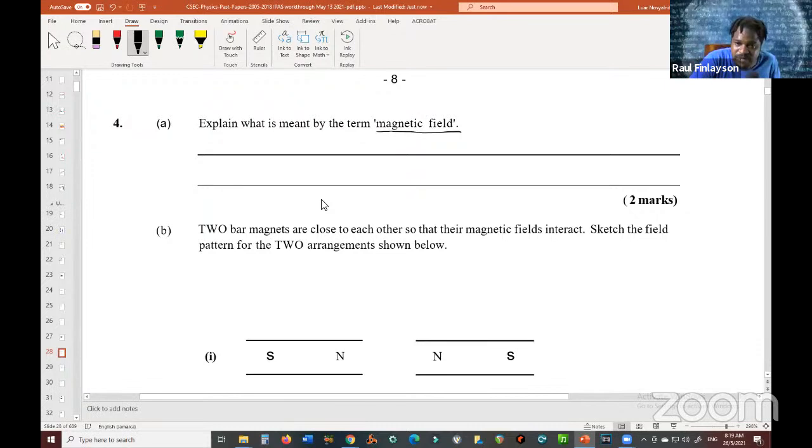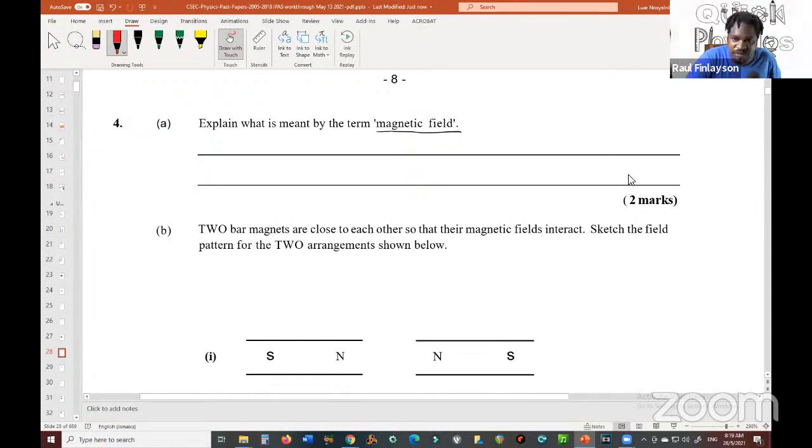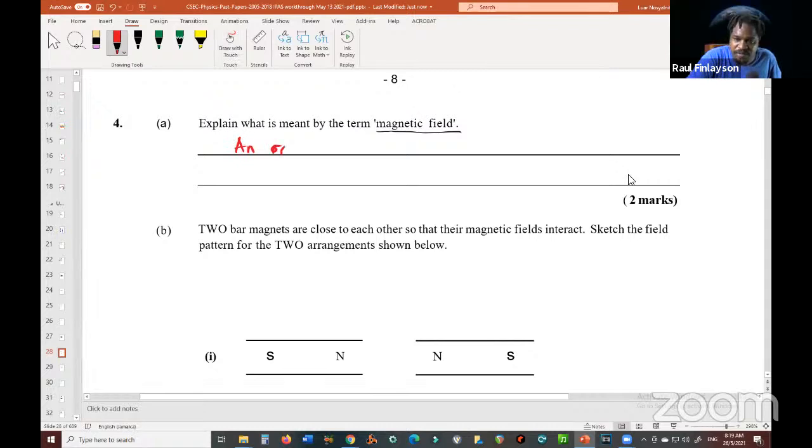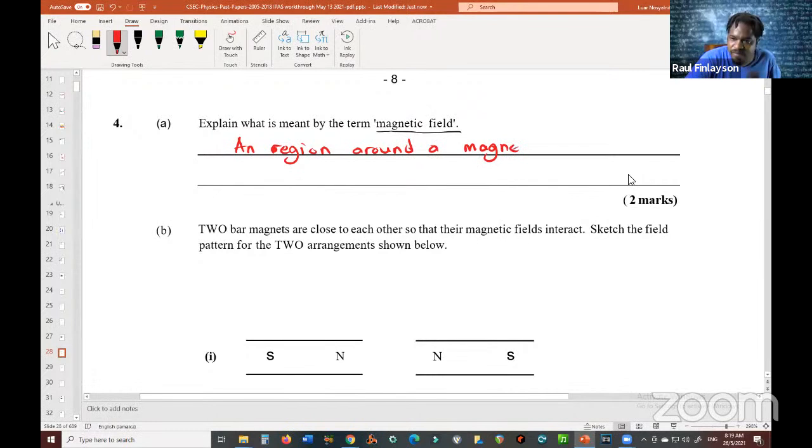But all right, let's simplify it for you guys. Magnetic field. A magnetic field is any area or region around a magnet where a magnetic force is experienced.